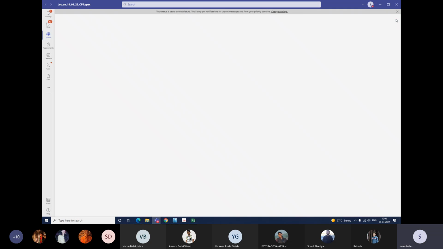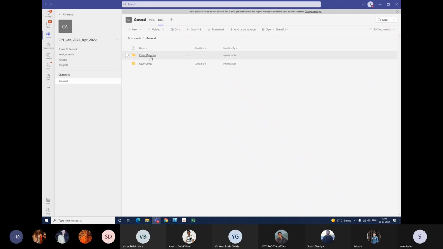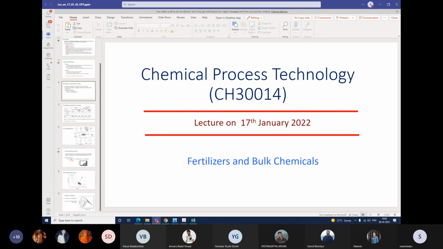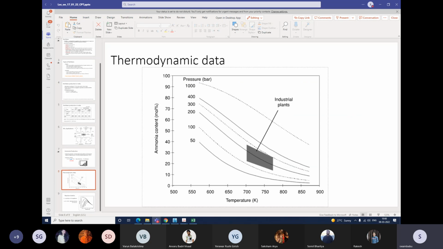So this is the thermodynamic data, equilibrium data. This is N2 plus 3 H2 giving ammonia. So ammonia content is on the y-axis and temperature on the x-axis, at different pressures.